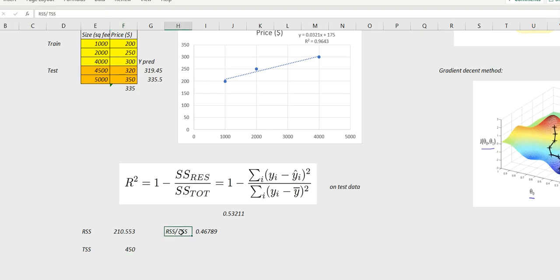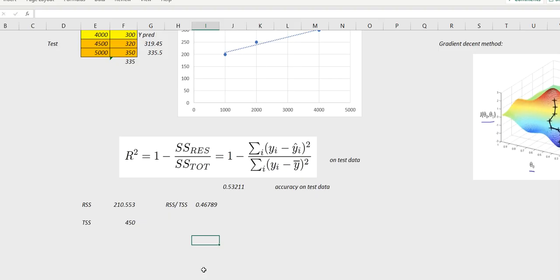Now you calculate the ratio of residual sum square divided by total sum square. That ratio is 0.46, and 1 minus this is the R square value. So that is the accuracy on test data.